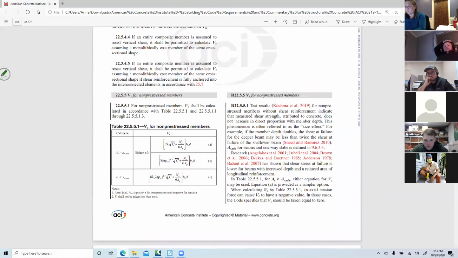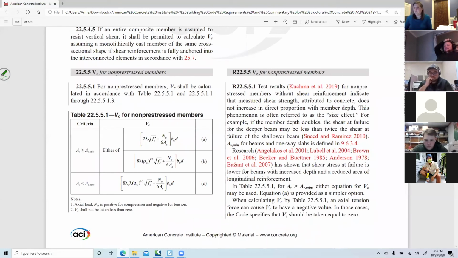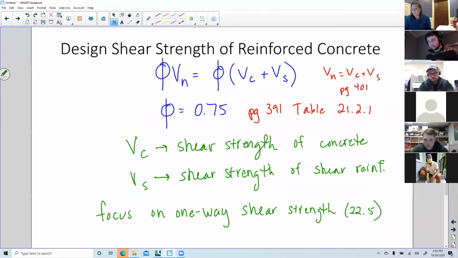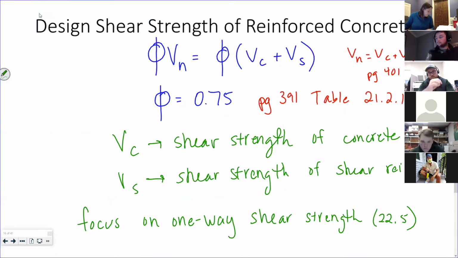Here we go. We're calculating for non-prestressed members, right? How much strength can I count on from my concrete? There's a lot of numbers in here. We're going to get rid of them. But that's a good tab to have. Right? This is page 404.